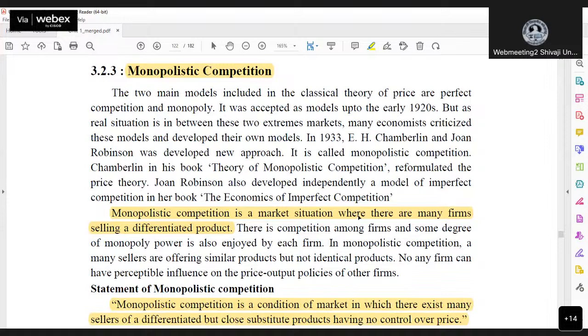Monopolistic competition is a market situation where there are many firms selling different products. We have seen monopoly as a single product and a single seller with multiple buyers. Here, in monopolistic competition, there are multiple different products having multiple different sellers, and buyers are also large in number.